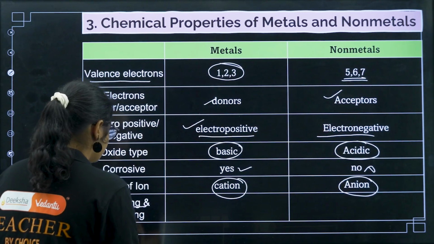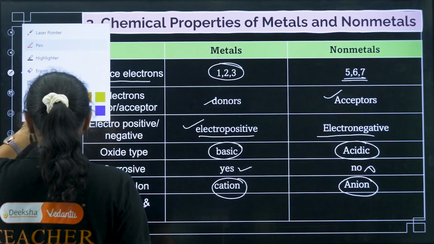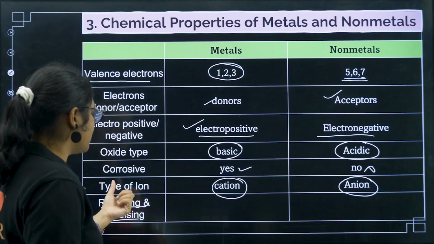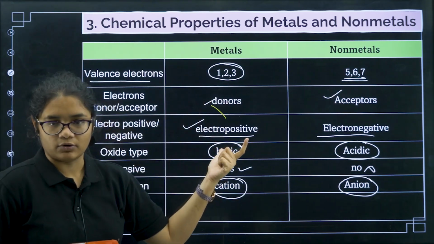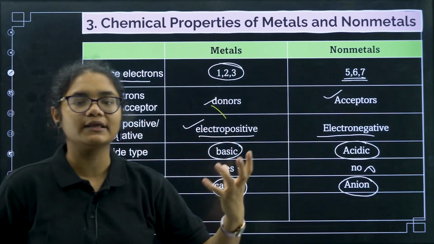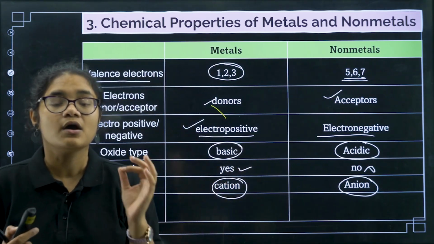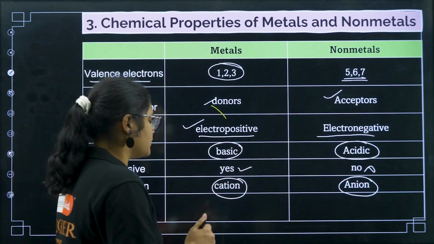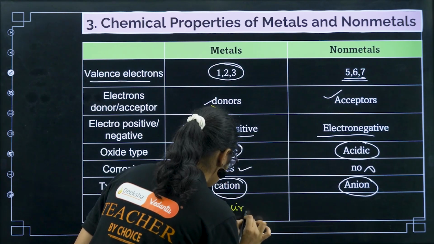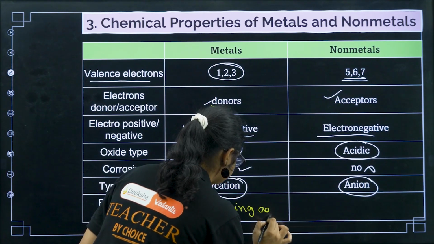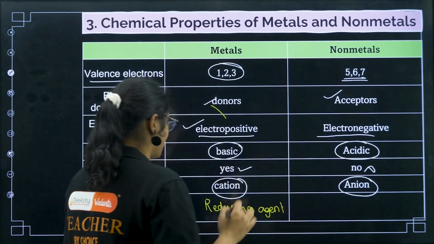Okay, now reducing and oxidizing. When metals are donating electrons, they are undergoing oxidation, and when they are undergoing oxidation they behave as reducing agents.